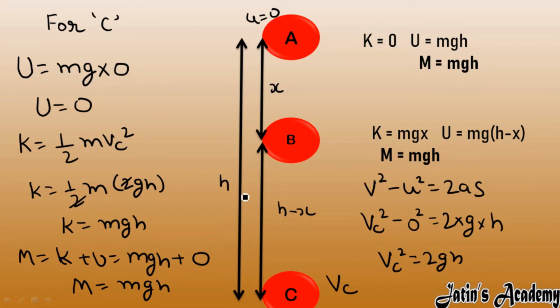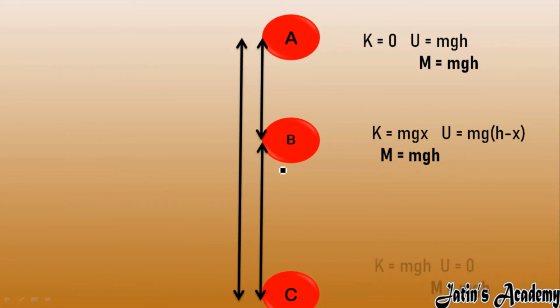From this whole derivation, at each and every point, even though the kinetic energy keeps changing and the potential energy keeps changing, the sum of kinetic and potential energy, which is the mechanical energy, remains constant: mgh.